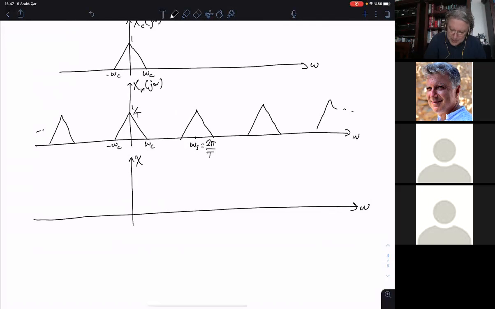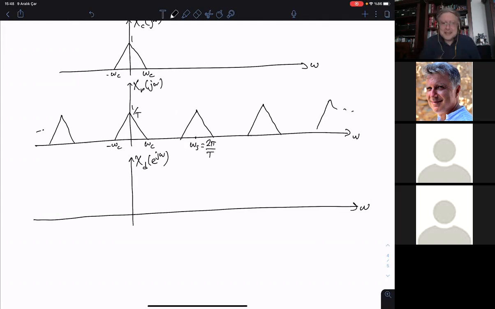So I'm going to write x sub d of e to the j omega. Just by looking at x sub p of j omega, the one at the top, I will draw something. But that something that I draw must obey one rule. What was the rule for a discrete time Fourier transform? I'm expecting an answer from you now. You can say it, or you can write. Saying would be easier. 2 pi periodic, Salih Can.